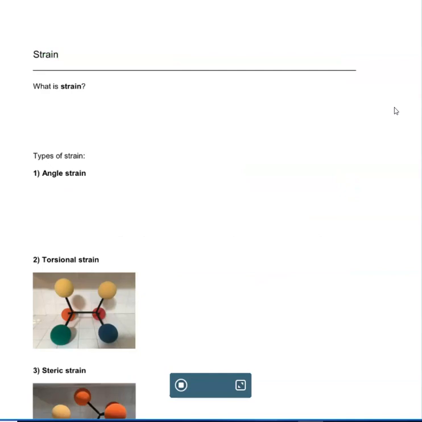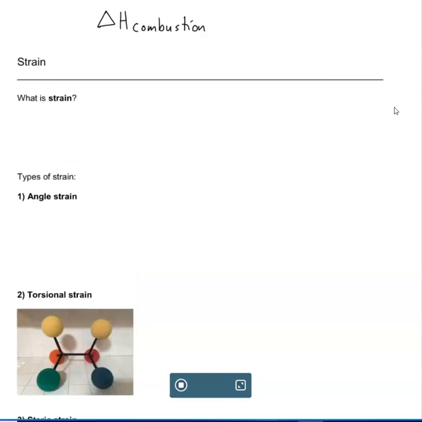To understand what's going on in the conformations that we're going to look at, we need to first understand a term called strain. Now, strain relates to something that you've seen before in general chemistry. So you might recall the delta H of combustion, or the enthalpy of combustion.